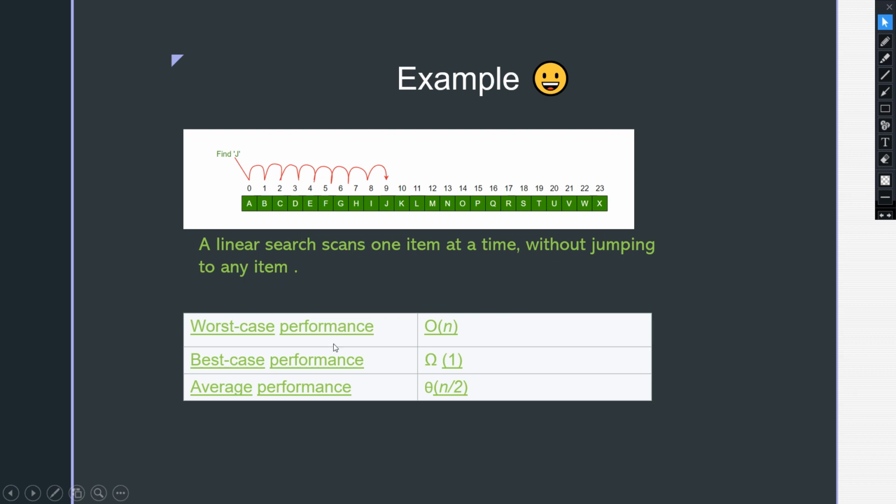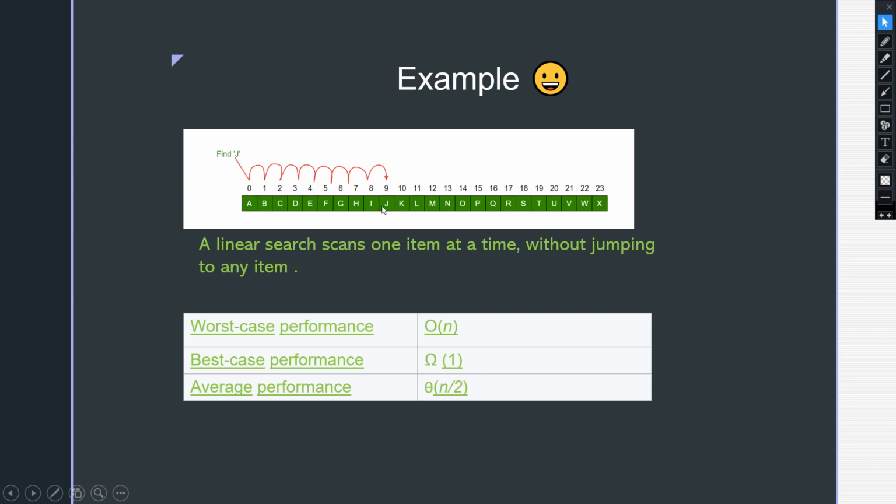If we try to get the best case scenario, that is omega of 1. If we find the element at index 0, then it gives the best case scenario, and omega is our best case, so order of 1.